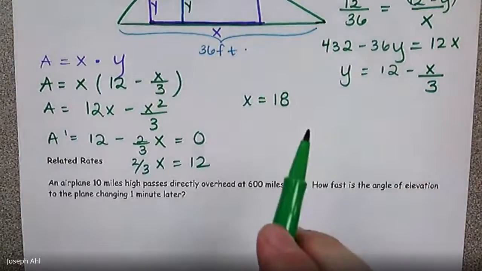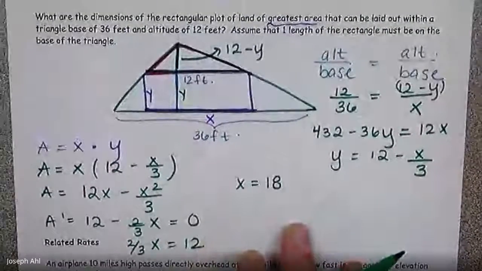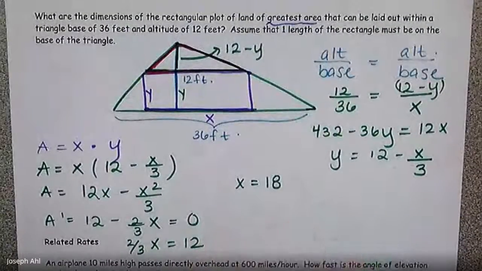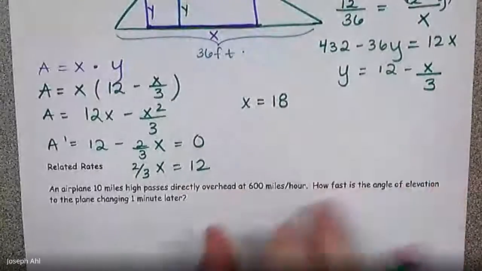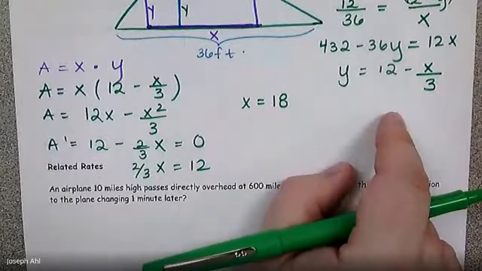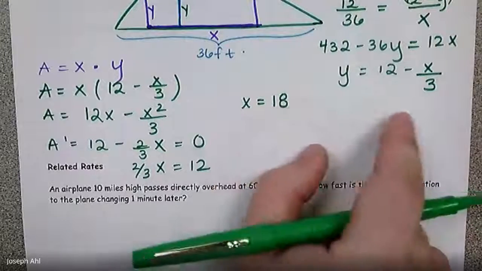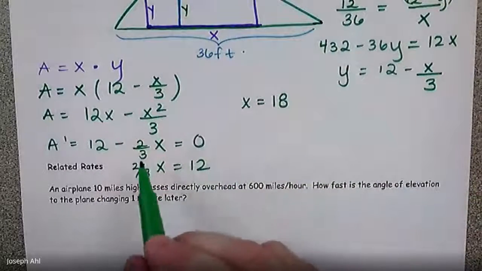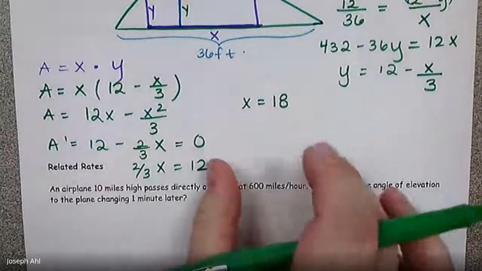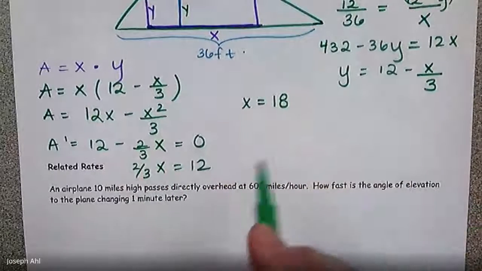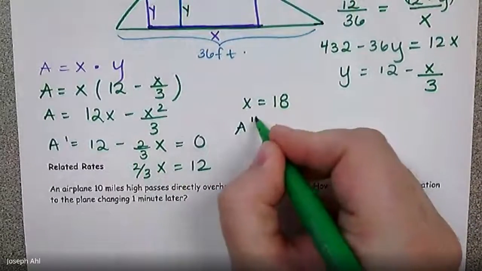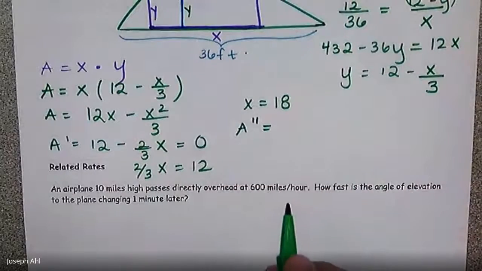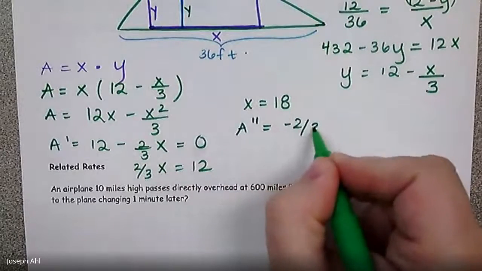Now, remember that we always want to justify our maxes and mins here. So to justify whether or not x equals 18 is a max, you can do one of two things. First derivative test, right? Put that on a number line, test on either side of the first derivative, which should be pretty easy for us to do, and then use our justification statement. But keep in mind, because the second derivative is so easy to find in this one, A double prime is just negative 2/3.